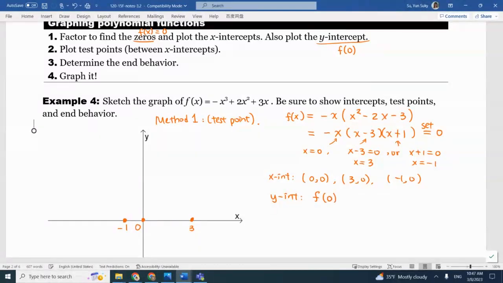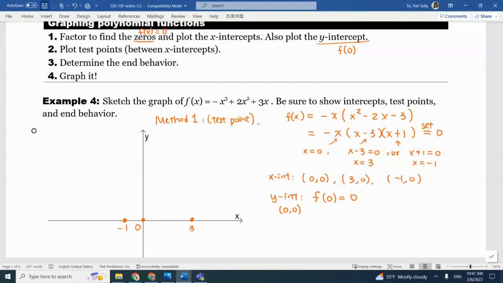You plug in x is 0. When you plug in x is 0, you get 0 cubed is 0, 0 squared, 0, and 0. So you add them up, you get 0. That is why the (0, 0) is the x-intercept. It is also the y-intercept. Okay, everybody? So (0, 0) is both x-intercept and y-intercept.